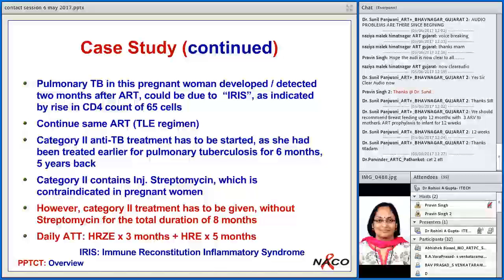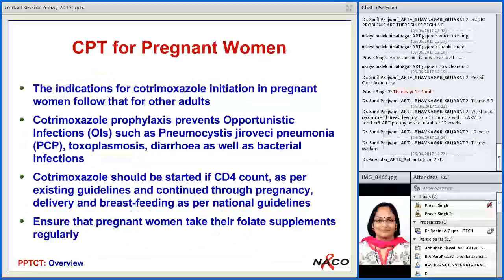Category 2 contains injection streptomycin, which is contraindicated in pregnant women. However, category 2 treatment has to be given without streptomycin for a total duration of 8 months. Daily ATT, that is EHRZ for 3 months and HRE for 5 months.